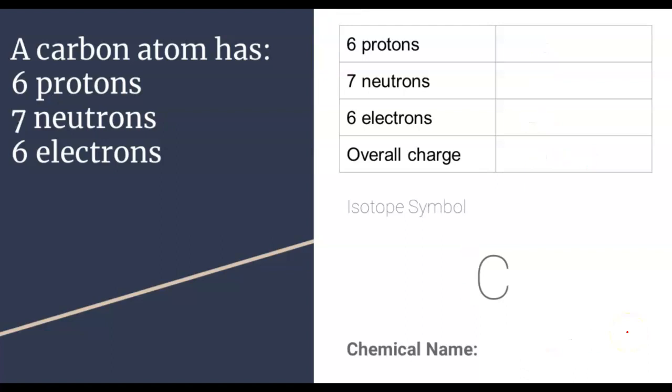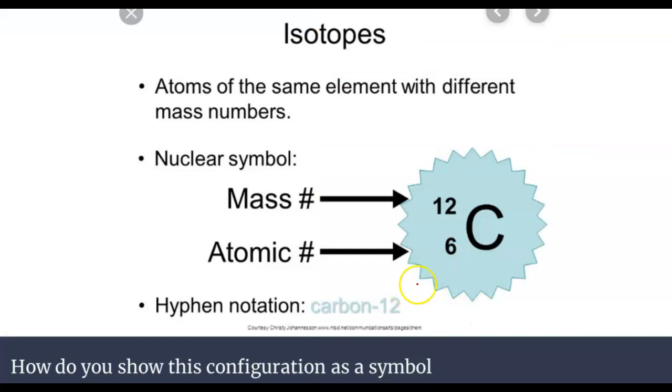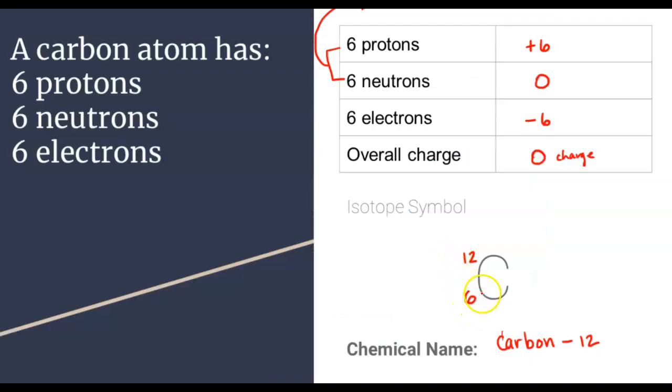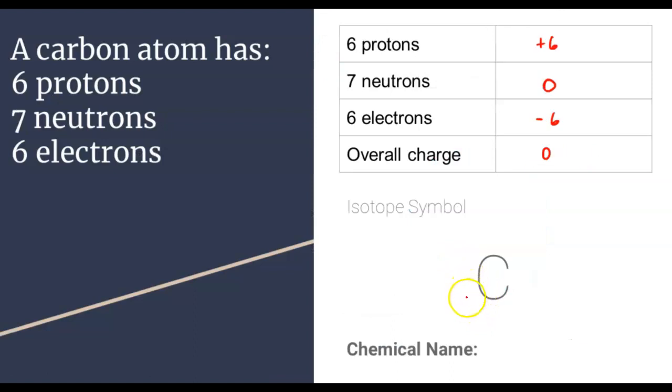Let's try a different type of carbon that exists. Here we have a carbon, in which case we have 6 protons, 7 neutrons, 6 electrons. Let's do the overall charge. We know that protons have a +6 charge, neutrons have a 0 charge, electrons have a -6 charge, so our overall charge is 0. So again, as you remember, atomic number is on the bottom left-hand corner, atomic mass on the top left-hand corner.